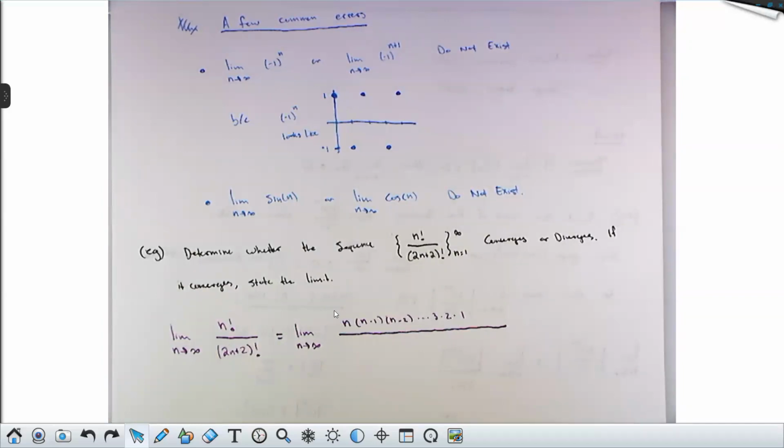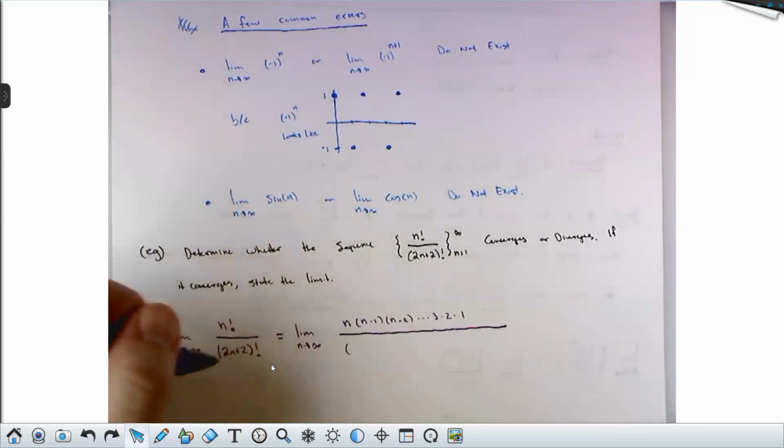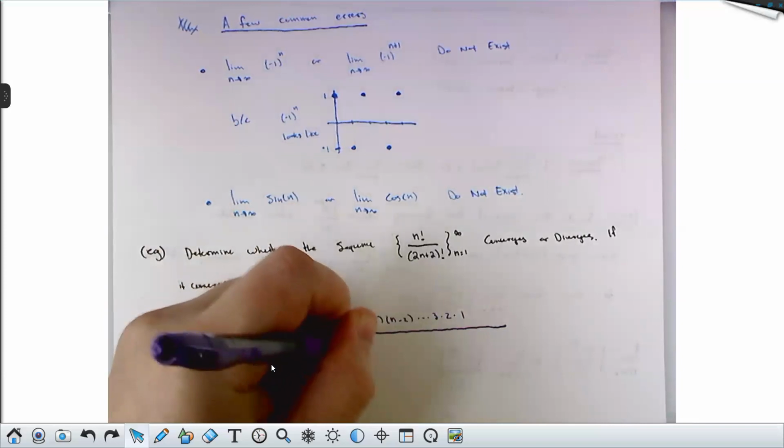So n factorial, the top, that's the easy part. What about 2n plus 2 factorial? What would be the first term in 2n plus 2 factorial? I think the first term in anything factorial is that thing itself.